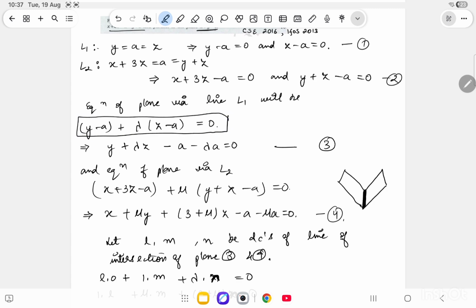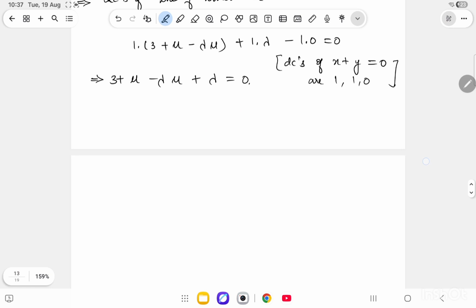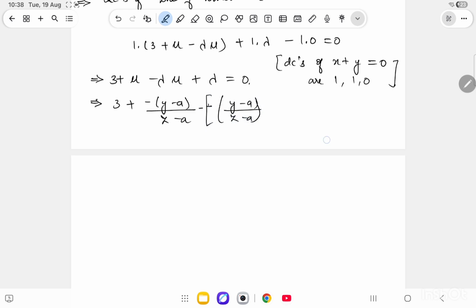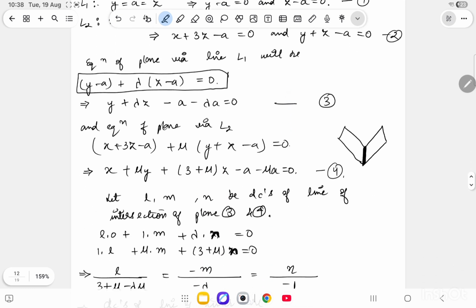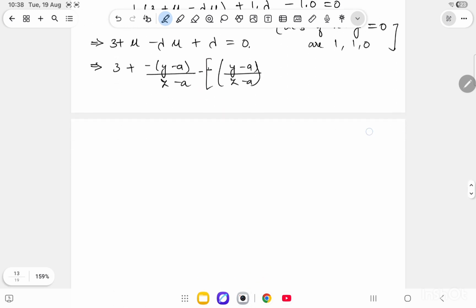My lambda is minus (y minus a) upon (z minus a). So it is 3 plus mu minus lambda mu plus lambda, where lambda is minus (y minus a) upon (z minus a), and my mu, from equation 4, will be minus of (x plus 3z minus a).